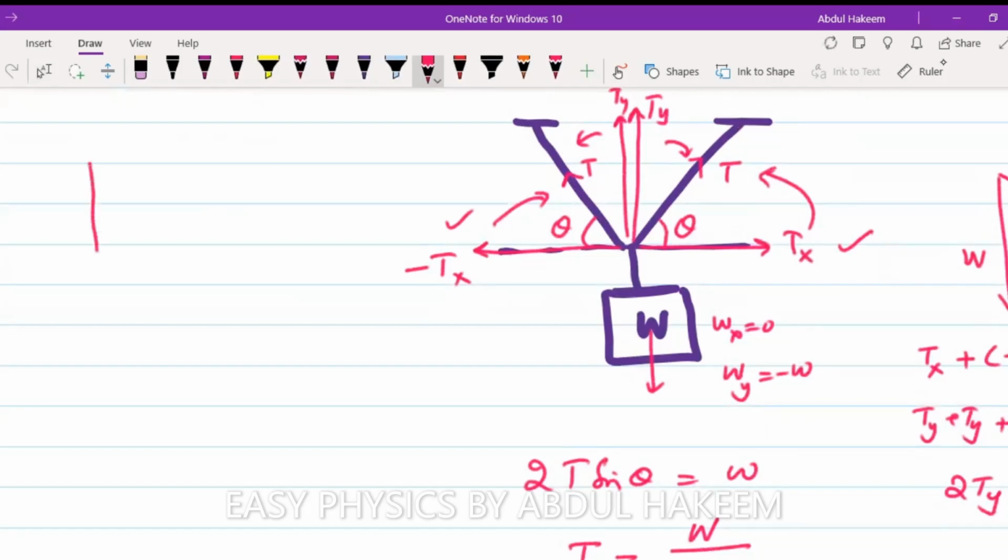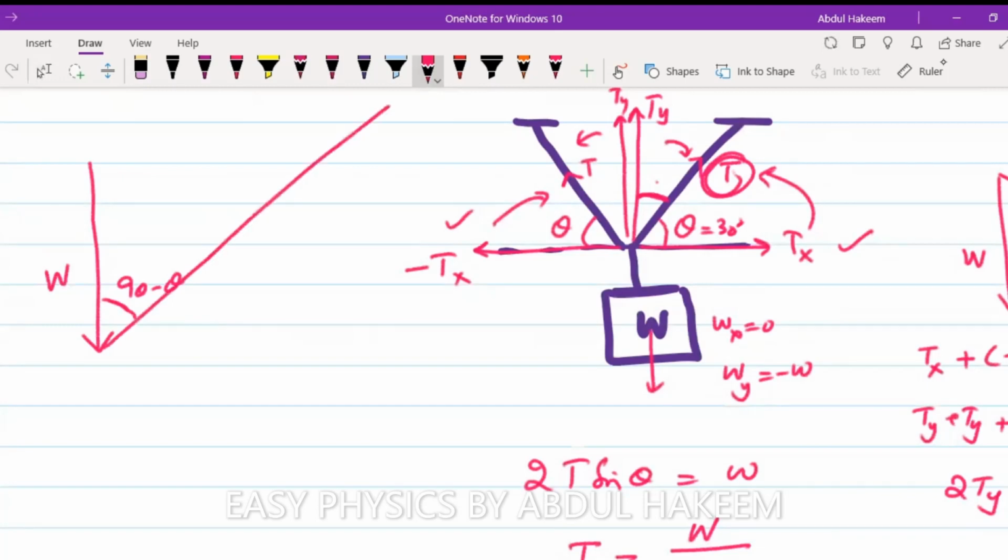But when you have to draw this, draw the line for the weight, then for this right side tension, this angle is 90 minus theta. For example, if this is 30 degrees, this will be 60. So here we will draw the 60 degree angle. So draw the line at 90 minus theta.